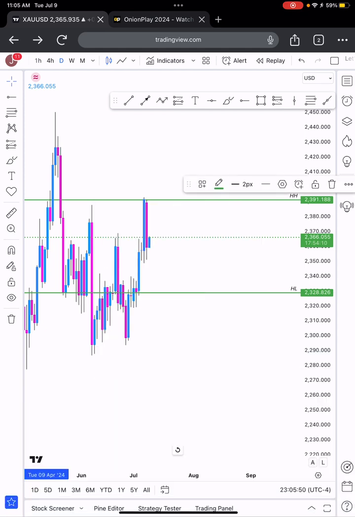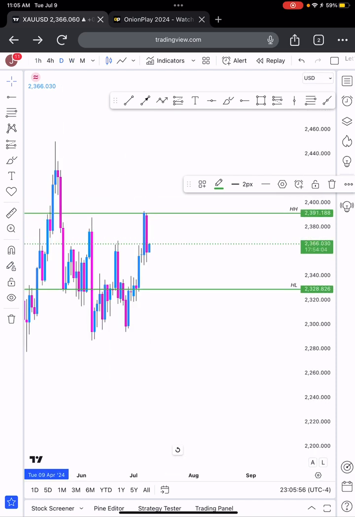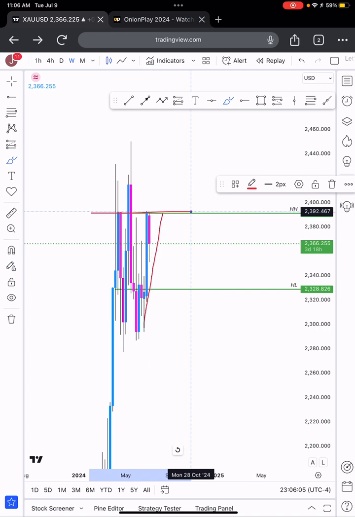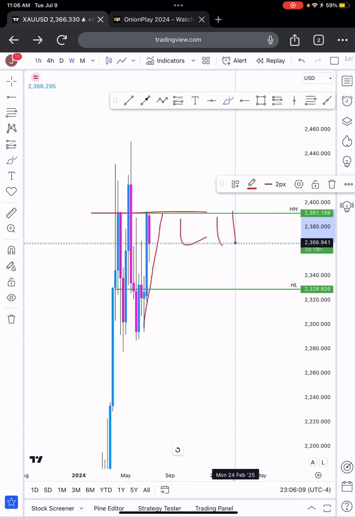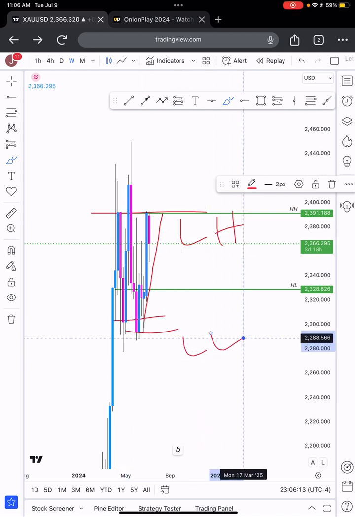So what we can basically tell is that the weekly is bearish, but the daily is bullish, right? And the reason for that is because the weekly had to have a pullback in order to create a new potential lower high to put in a new lower low if it wants to continue to go down, right?